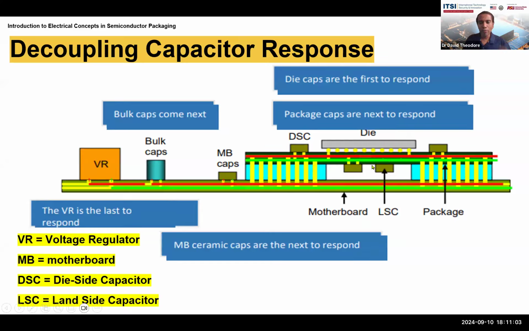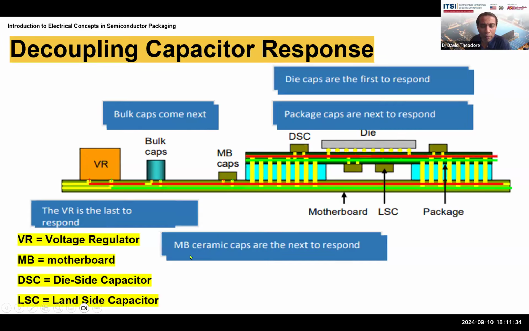When you have a sudden spike in the requirement from the die, the capacitors that you build into the die are the first to respond. Then package capacitors are the next to respond. And typically as a function of distance, you'd have the land side capacitors responding over here, and the die side capacitors on the left and right responding to operations in this area, for instance.